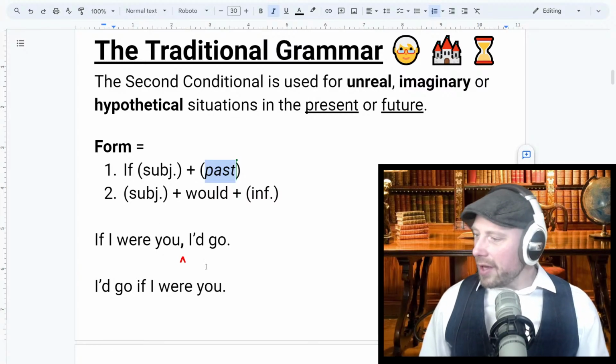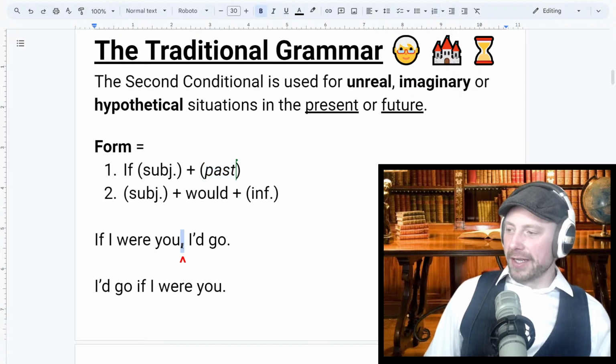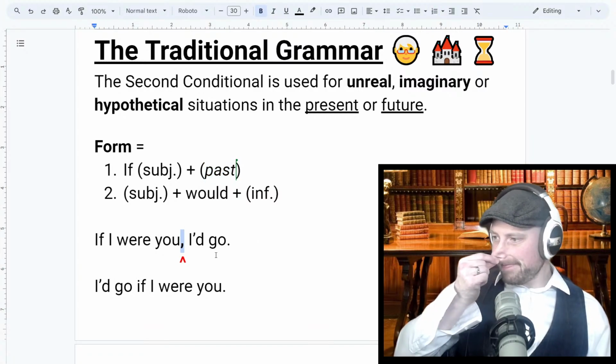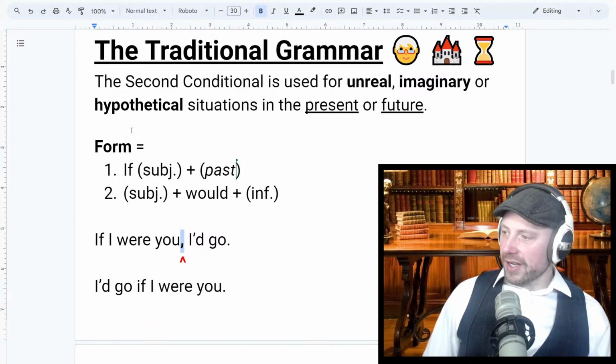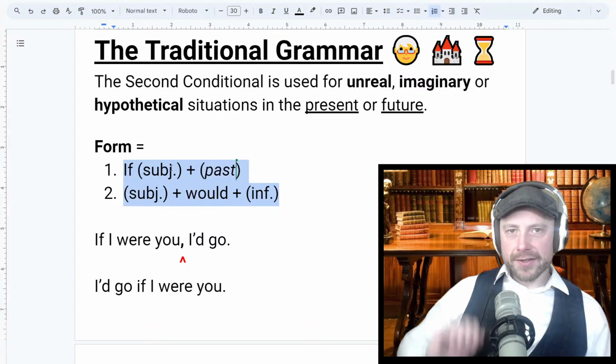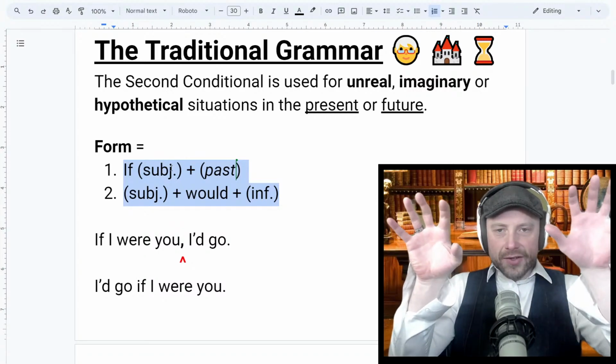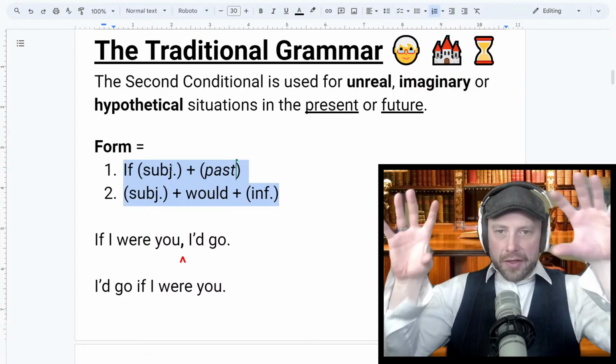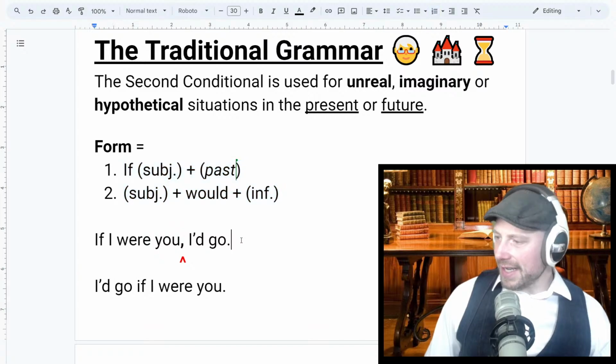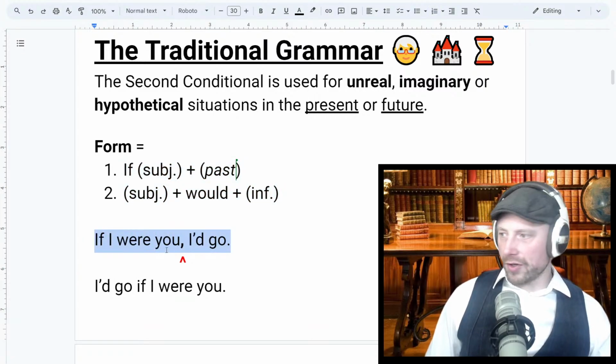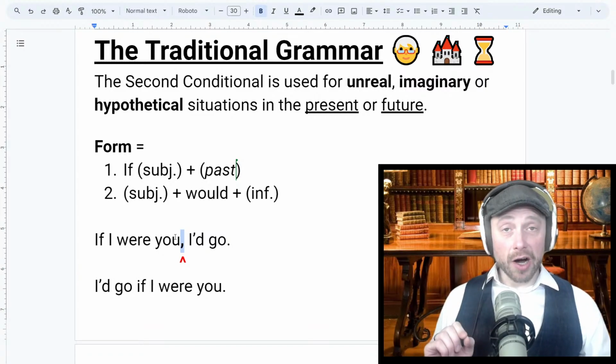Well, you do now. You can also see here a little point on punctuation. So we have the clause if subject plus past and the clause subject plus would plus infinitive. We can put those clauses in any order. So if clause and then subordinate clause, or the other way. And you can see here that with the if clause first, then we must have a comma.